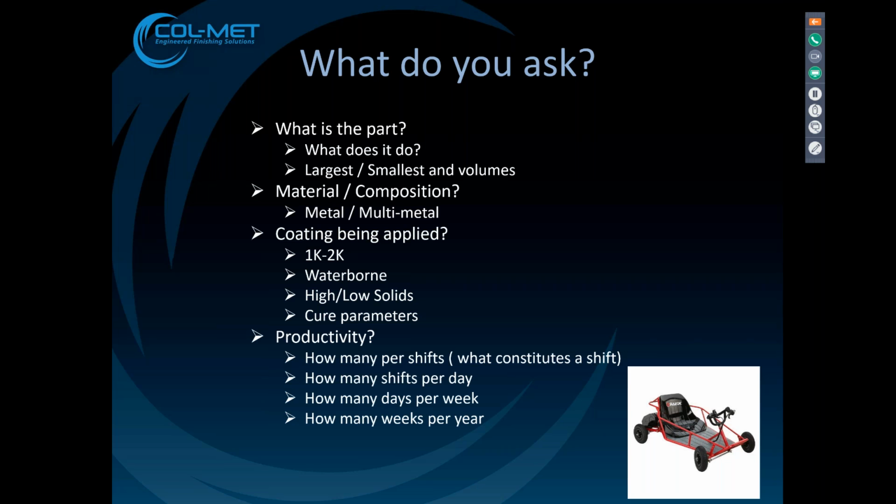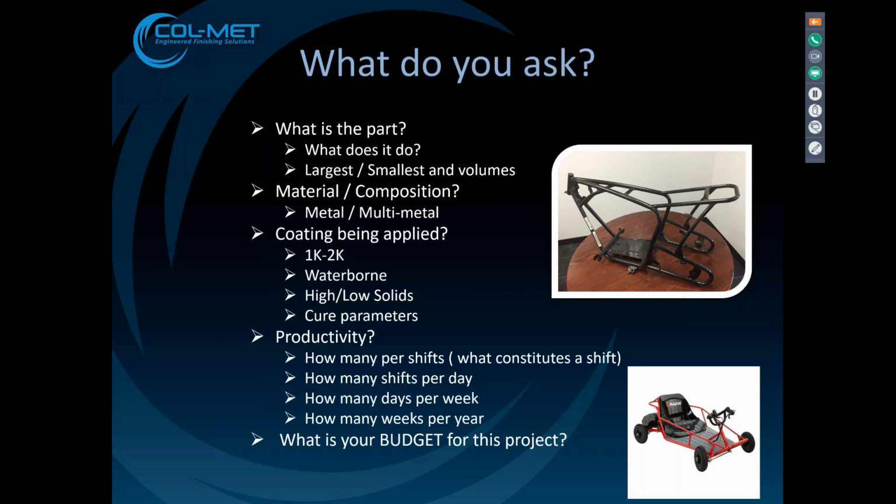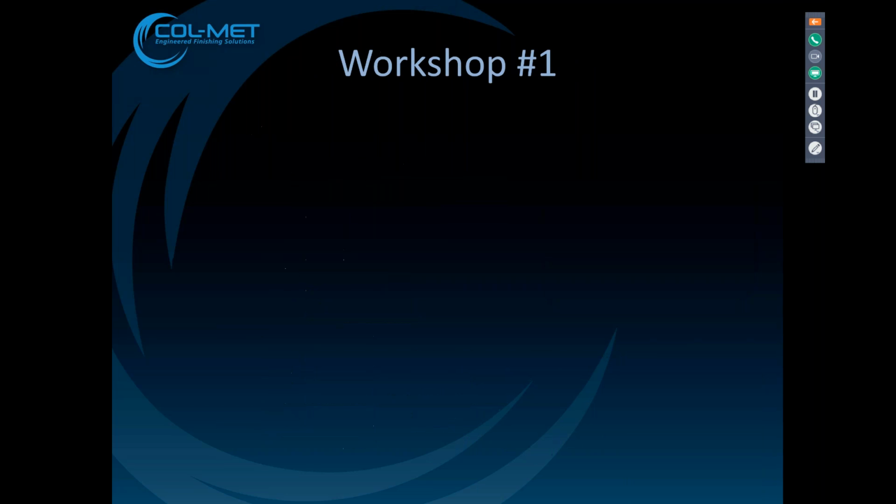And what are your productivity needs? How many per shift? What constitutes a shift? How many shifts per day? How many days per week? And then how many weeks per year? And what's the budget? There are some images of the frames that we're going to powder coat, as well as the go-kart frame.